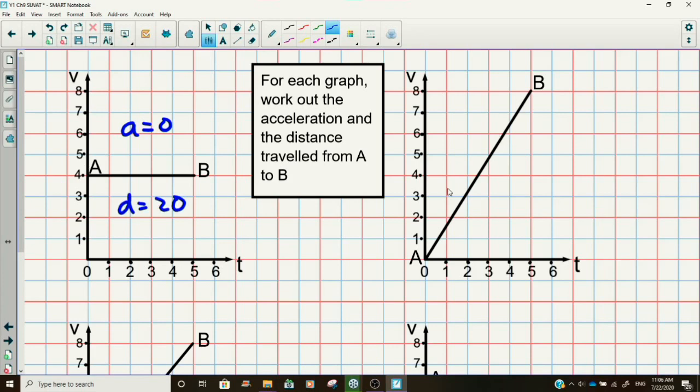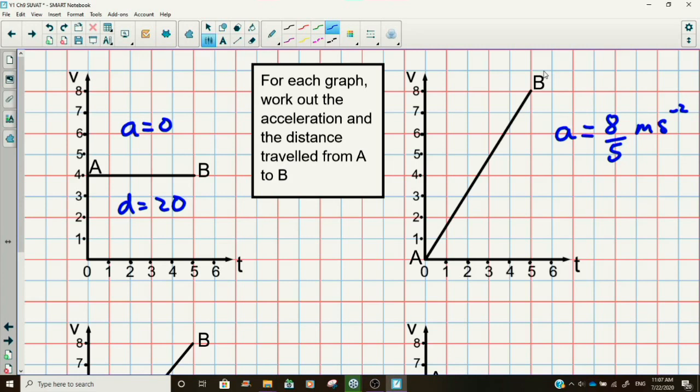So that's the distance travelled. The next one, we have to work out what the gradient of this line is to get the acceleration. So that's 8 divided by 5. I'm just going to leave that as a fraction. So that's meters per second squared. The area under the graph, well, imagine we have a right angled triangle here. Let's just draw that.